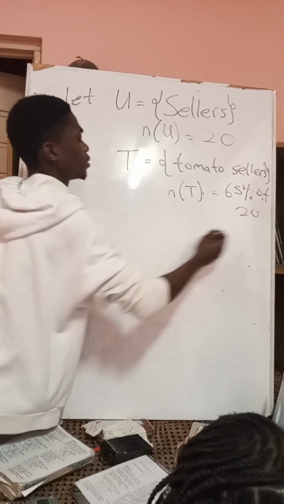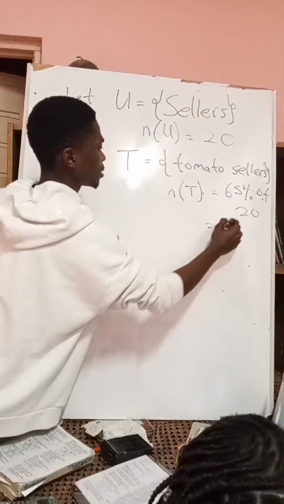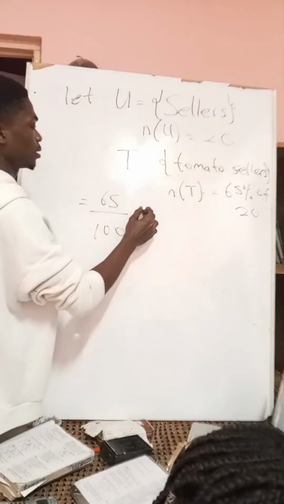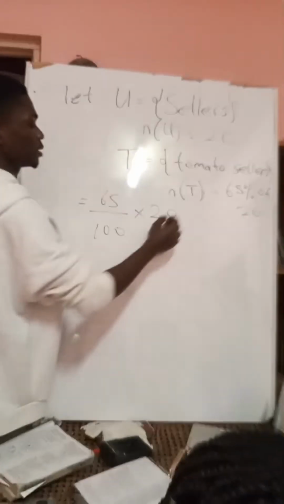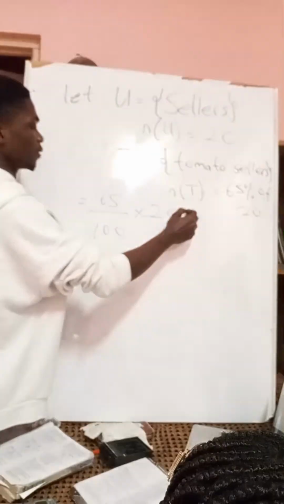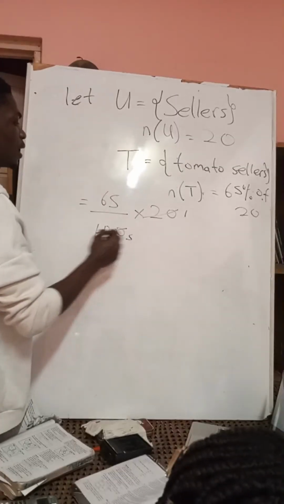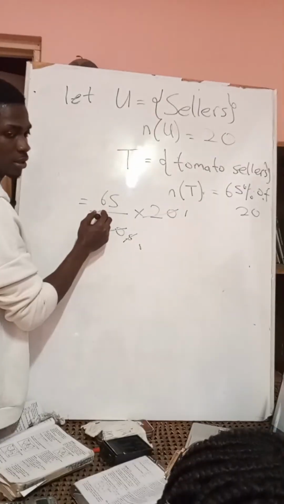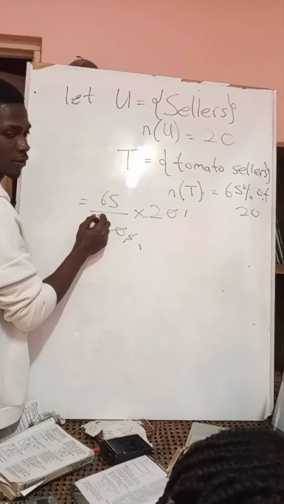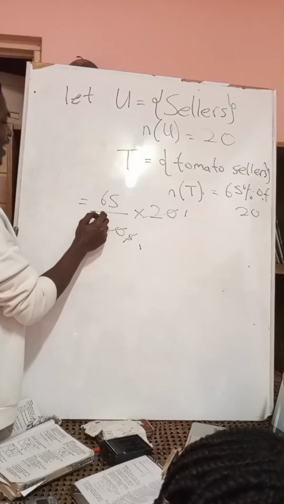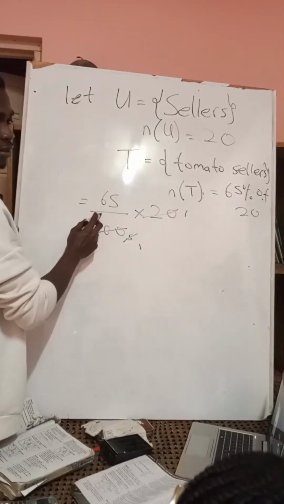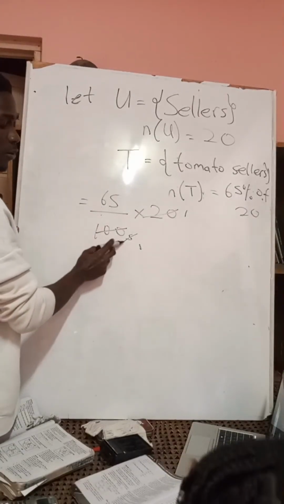65% of 20 is the same as 65 out of 100 times 20.